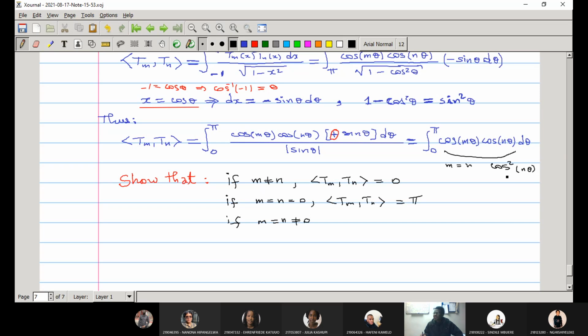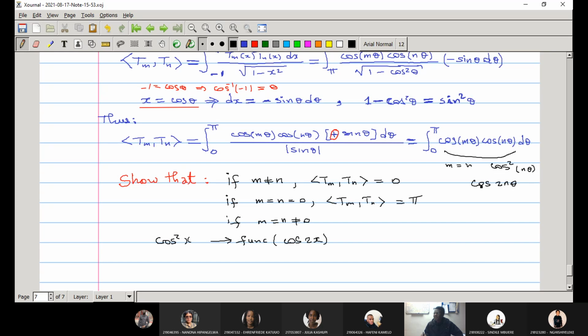You use the identity where you'll be able to write this as cosine of 2n theta. That is the double angle, right? Because remember that you can write cosine square x as a function of cosine 2x. So you use that identity to transform this.